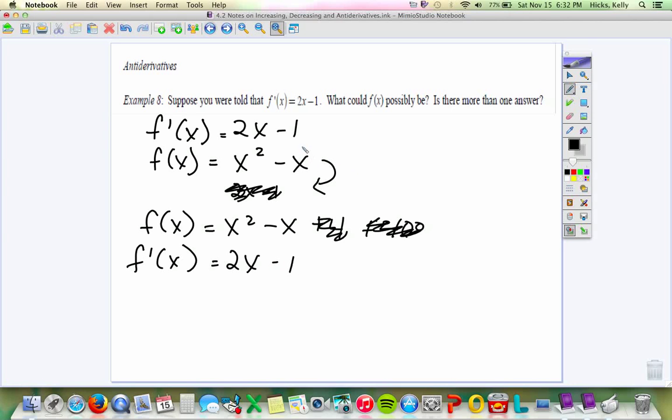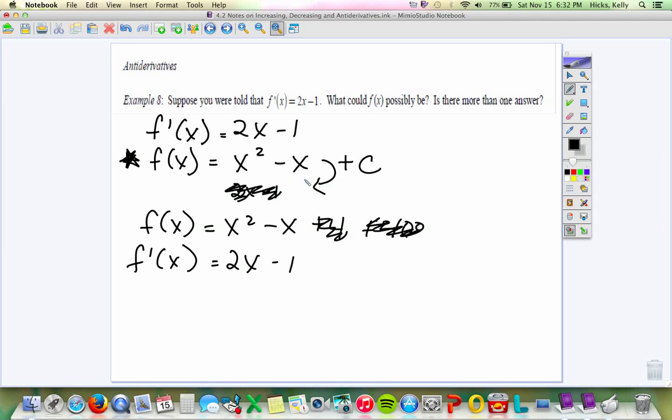So when we find the antiderivative, when we're given the derivative, we need to account for that other number that could have been there. And we're going to do that by saying plus c.